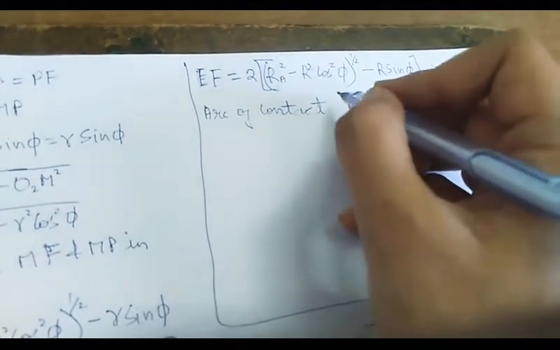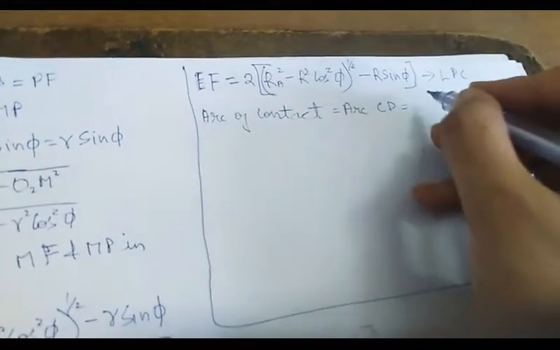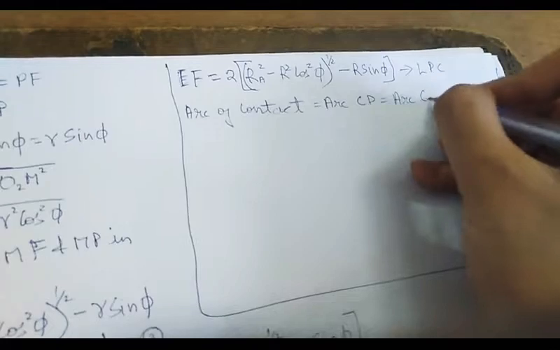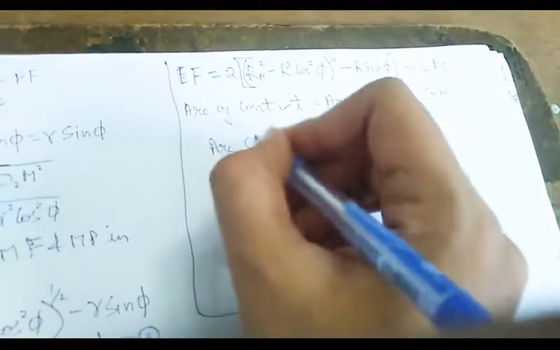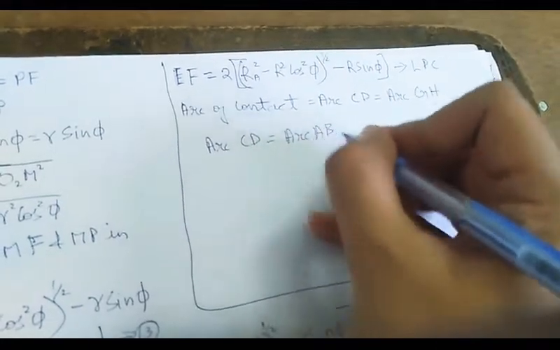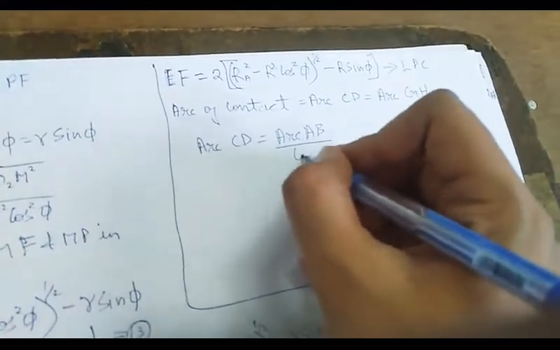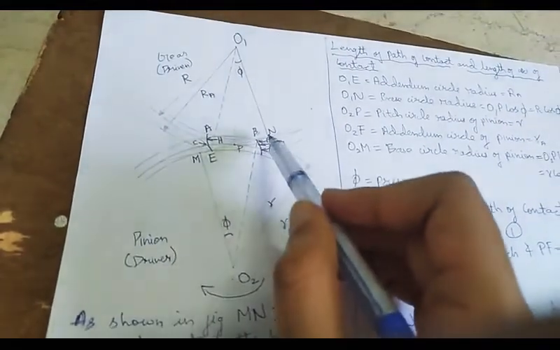Arc of contact is arc CD equals arc GH. So arc CD is equal to, from the figure, arc AB divided by cos phi.